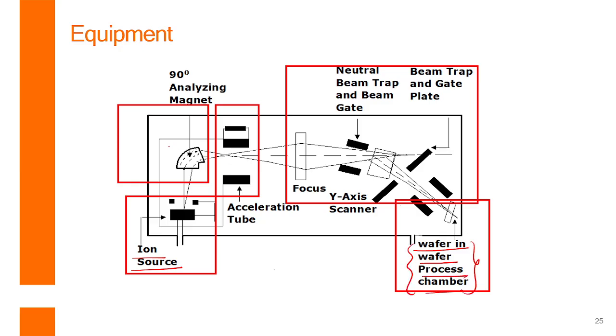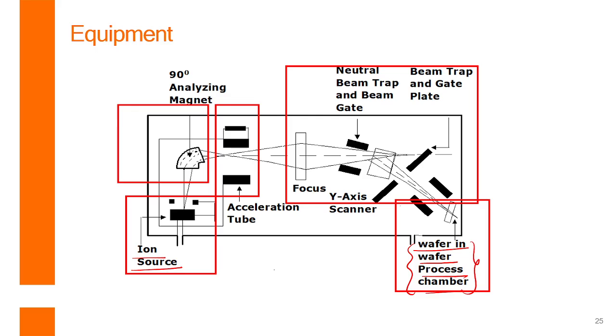The amount of acceleration of your dopants depends on how much voltage you are applying. More voltage means the ions will have more penetration, and less voltage means less penetration. So this equipment is required when you do the doping by using implantation.